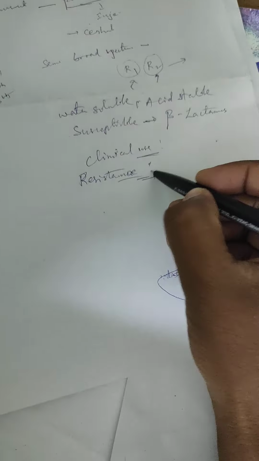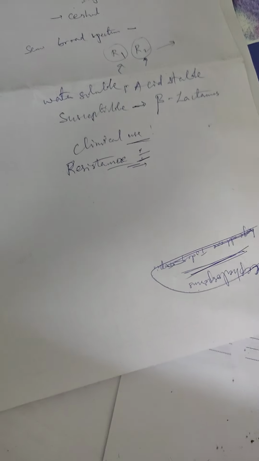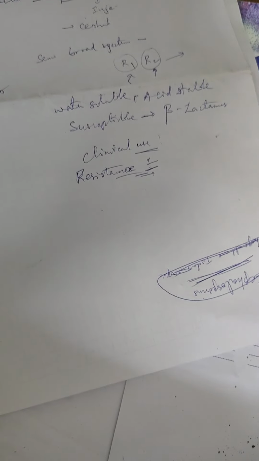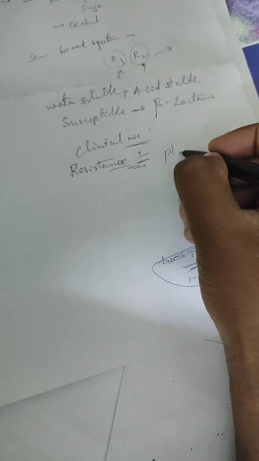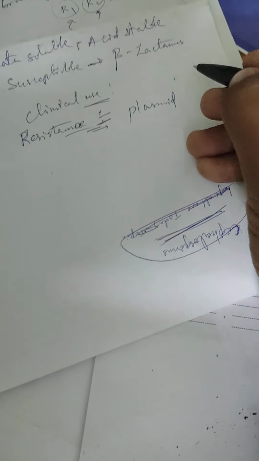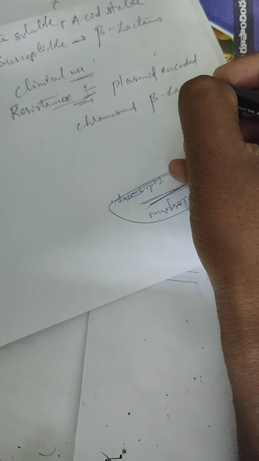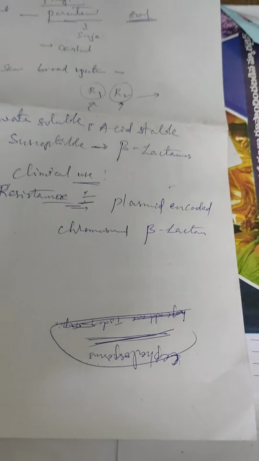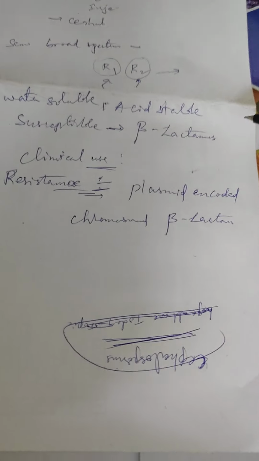The resistance is mainly produced by plasmid-encoded or chromosomal beta-lactamases. These beta-lactamase enzymes attack specific bonds of the cephalosporins, and these bonds are destroyed.